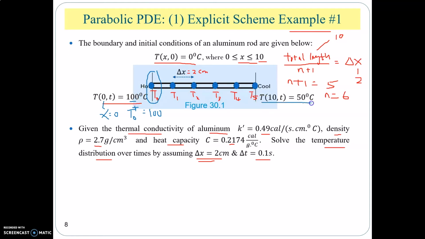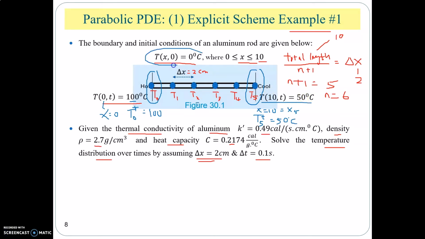From the second boundary condition, you know that at x equal to 10, which is your x at point 5, the temperature at point 5 here for all the t will always be 50 degrees Celsius, which means at this point the temperature will always be equal to 50 degrees Celsius at any time.